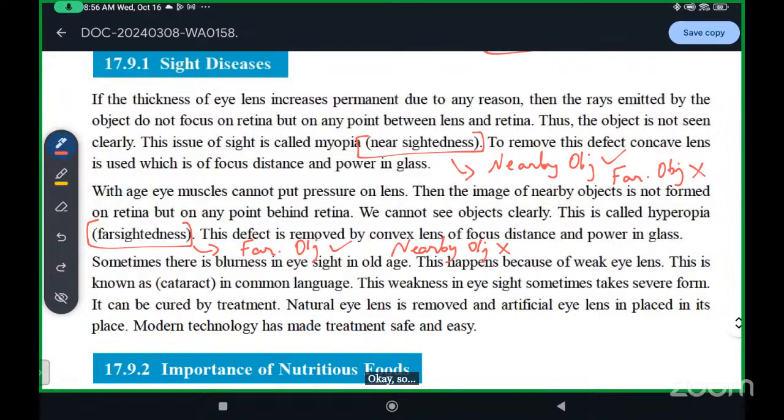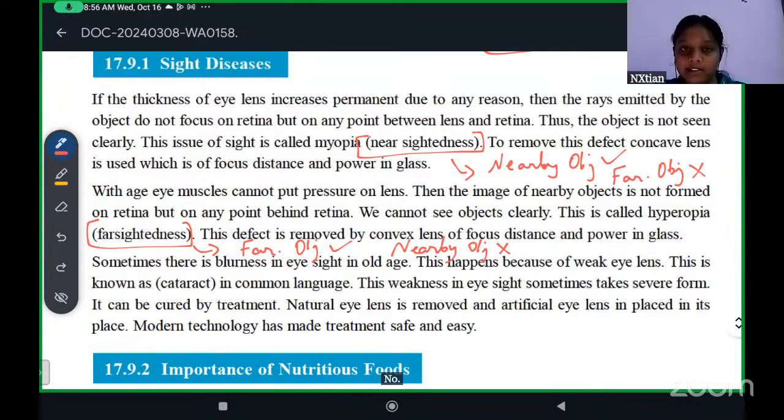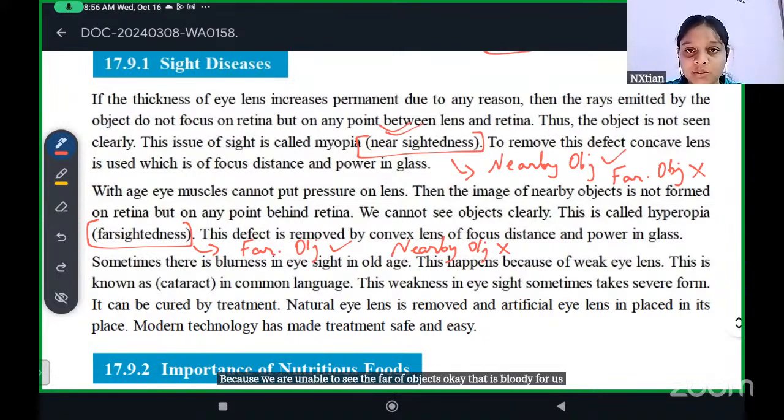Now, nearsightedness, listen carefully. In nearsightedness, because we are unable to see far objects, concave lenses are used to expand our focus, to correct the image formation on the retina.